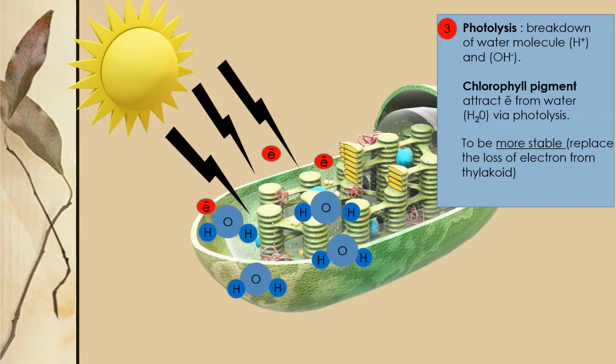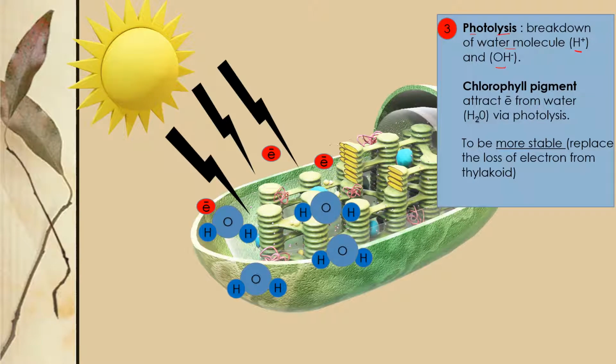Next is photolysis. This second event in the light dependent reaction is photolysis. Photo means light, lysis is breakdown. Breakdown of what? It uses the light energy to break down water molecules to become H plus and OH minus.